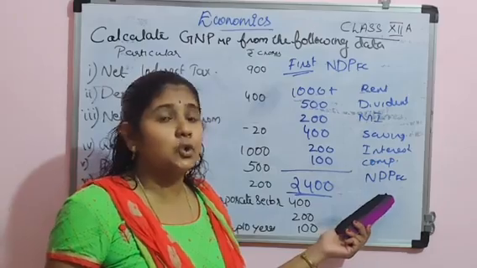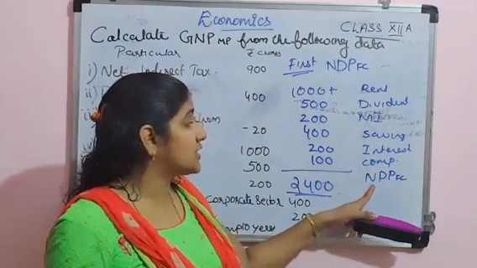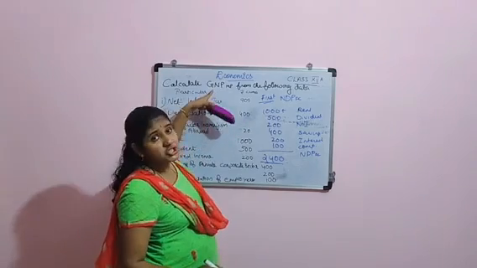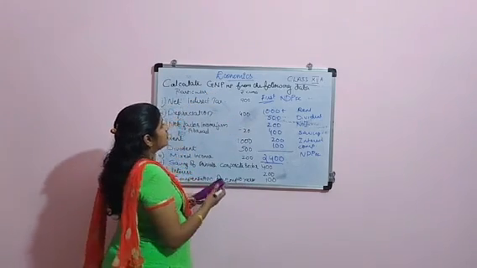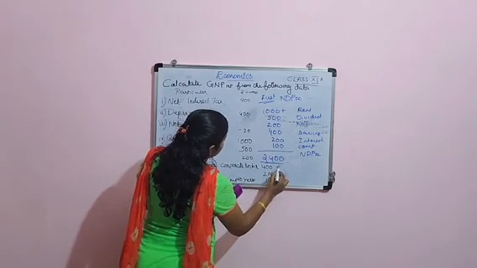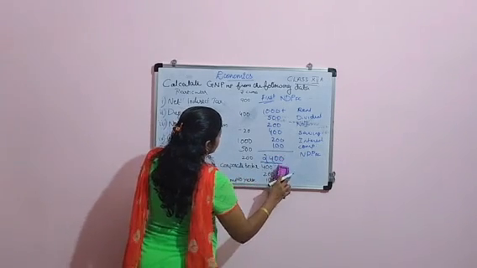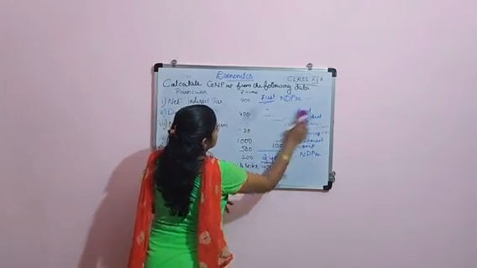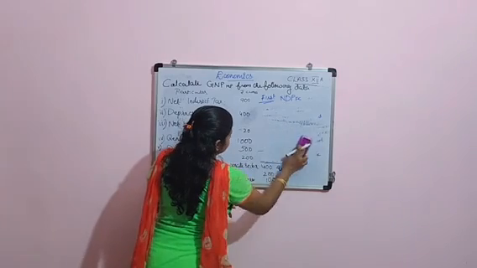Then I told you, now what is the next step? Here it is NDPFC only, and we want to convert this NDPFC to GNPMP. Now as the second step we are starting. Keep in your mind, 2400 is NDPFC.